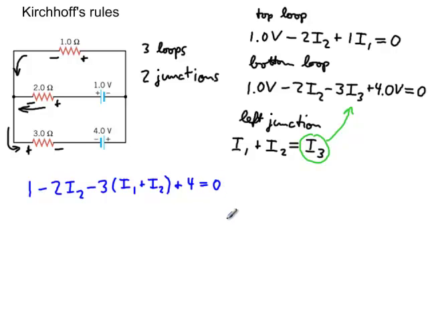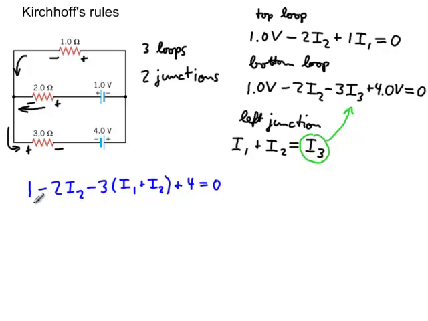So that's my second equation here after I substituted that one in there. Notice that this one here is in volts, this one is 2 ohms times current, so that's volts, 3 ohms times current, that's volts, plus 4 volts equals 0 volts. My loop rule is still there.